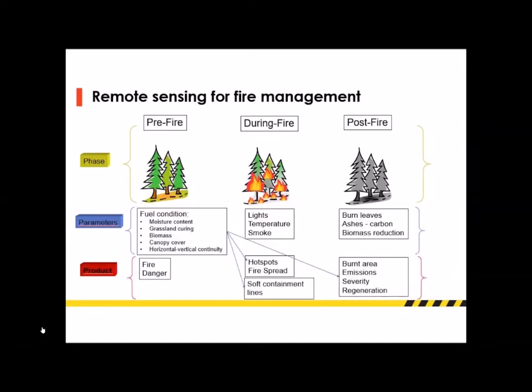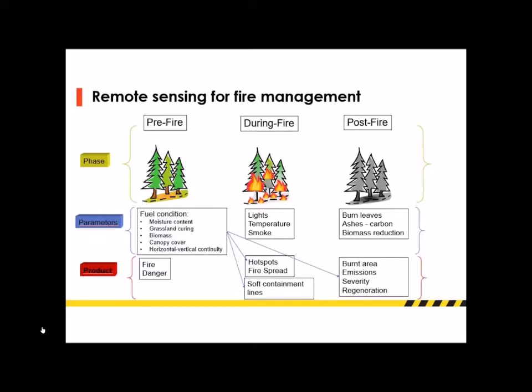Before the fire, remote sensing data is used to estimate fire danger conditions mainly. Fire danger is a combination of a wide variety of topics, of which weather, fuel, and human factors are the most relevant. In this topic, remote sensing has mainly contributed to the characterization of fuel condition.